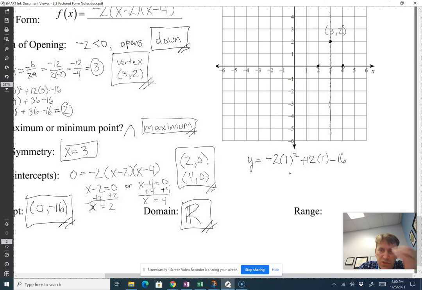And 1 squared is just 1, times -2 leaves us with -2. 12 times 1 is 12, and then I have minus 16. And -2 plus 12 is 10, and 10 minus 16 would be -6. And so at 1, we're down here at -6.